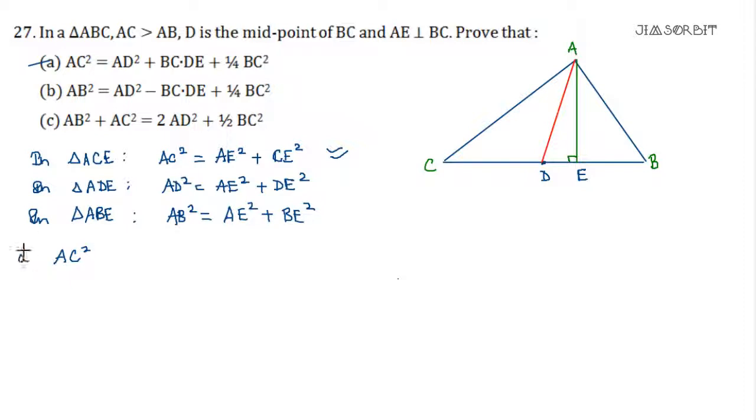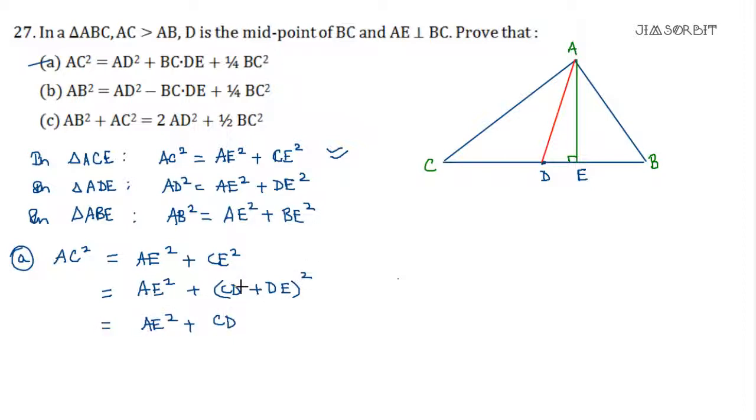AC square for part A I am doing is what? AE square plus CE square. Now we know that CE is what? CD plus DE. So let us just keep writing that way. CD plus DE. Let us just do this and then we will see what we get. Okay, so AE square plus CD plus DE whole square.